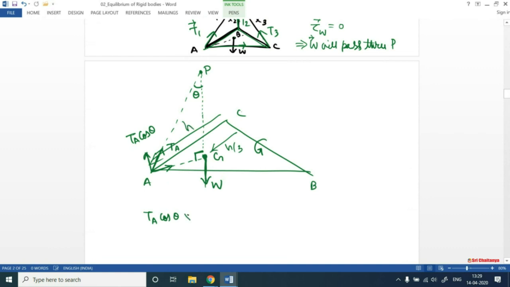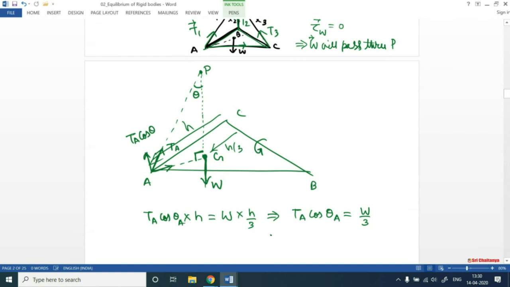So TA cos theta into h would be equal to W into h by 3. So like in the previous question, here we will be getting TA cos theta equal to W by 3.